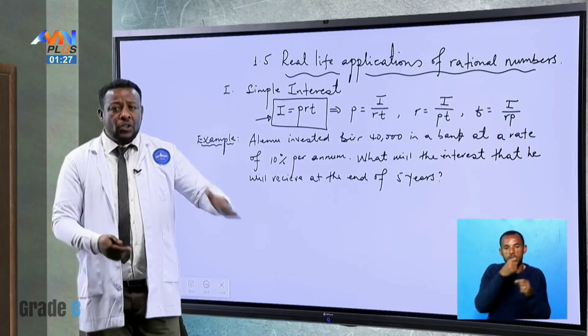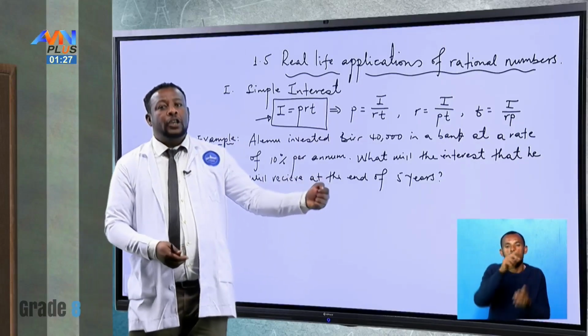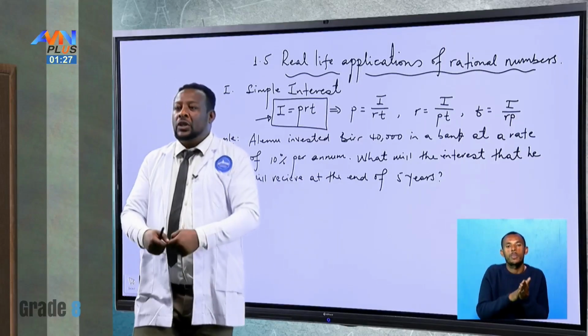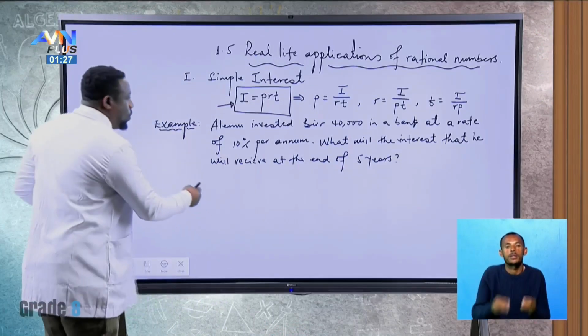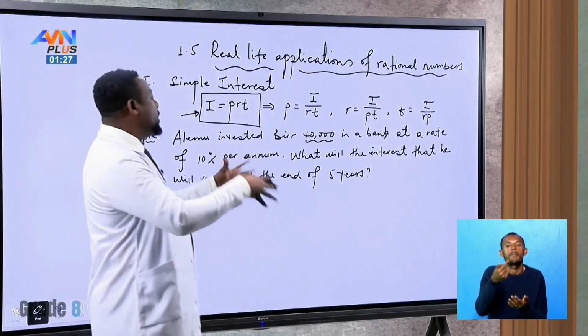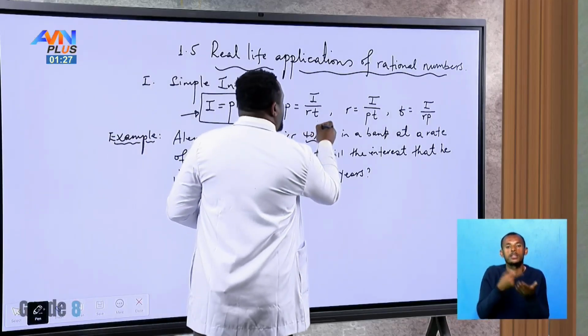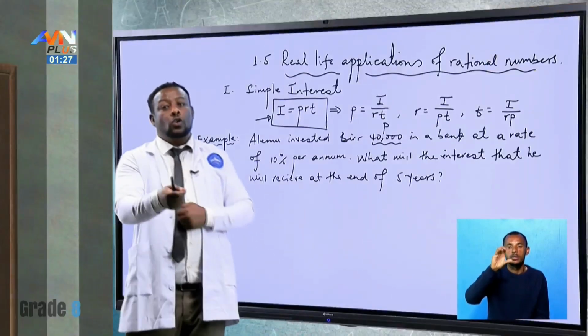Okay, so before you start solving this question, you need to properly put the given information mathematically. So here 40,000 is the money that he invested. So this is the principal, okay? Usually the principal is the money borrowed or loaned.